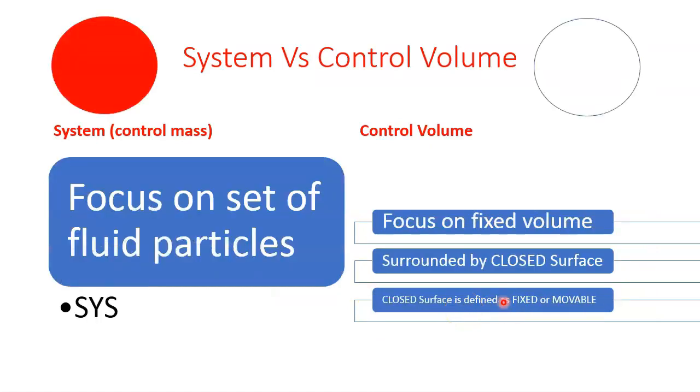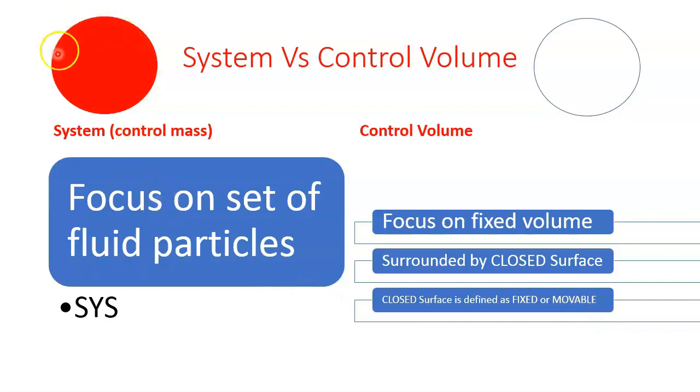System focuses on a set of fluid particles, whereas control volume focuses on fixed volume surrounded by closed surface, and the closed surface is defined as fixed or movable.